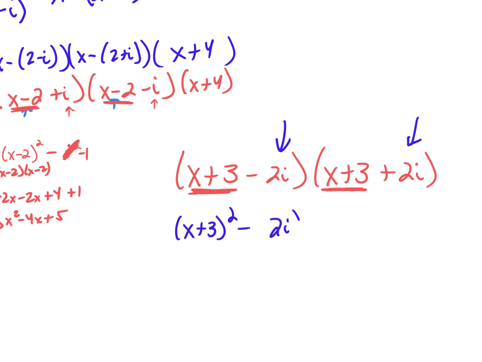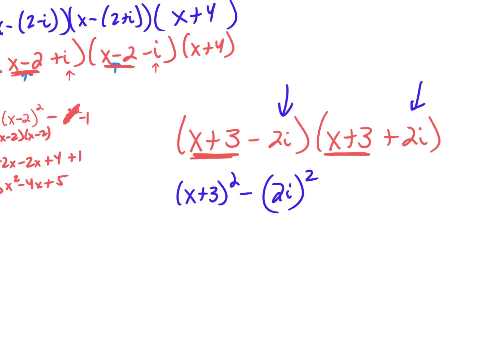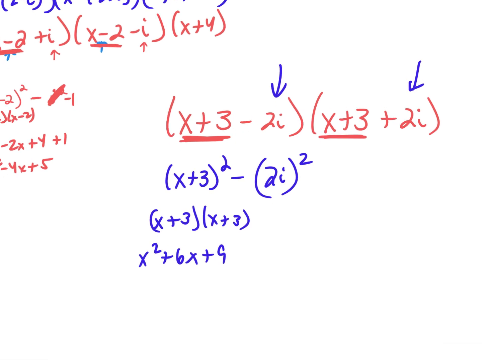Watch this, guys. 2i squared. So this would be x plus 3 times x plus 3, which gives me x squared plus 6x plus 9. Yes? 3x times 3x. 3x plus 3x is, okay. And then what is this?